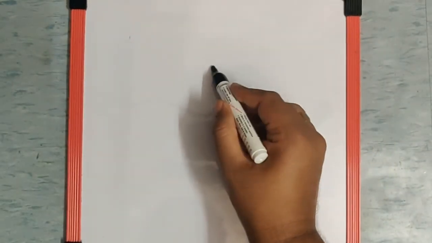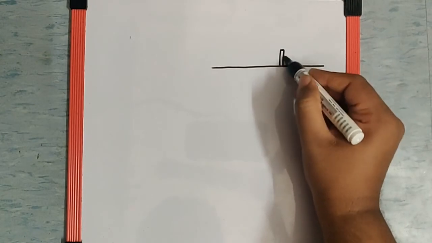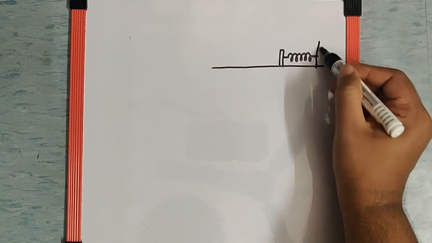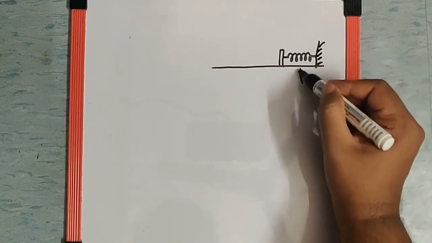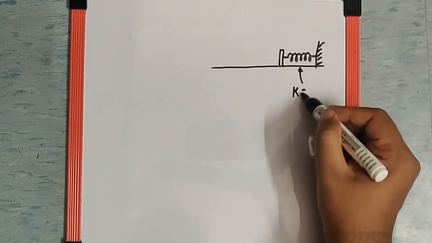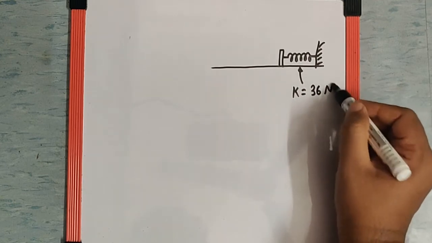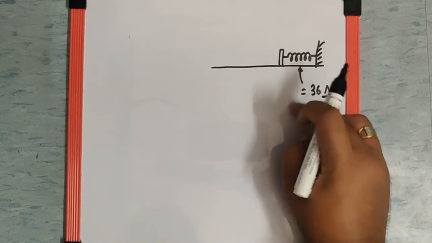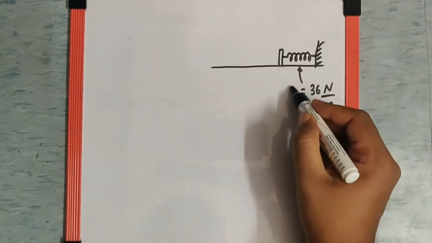Now, if you understand the case, this is the spring system for which the spring constant is given as 36 Newton per meter. Now please do not misunderstand this k. This k is not radius of gyration.